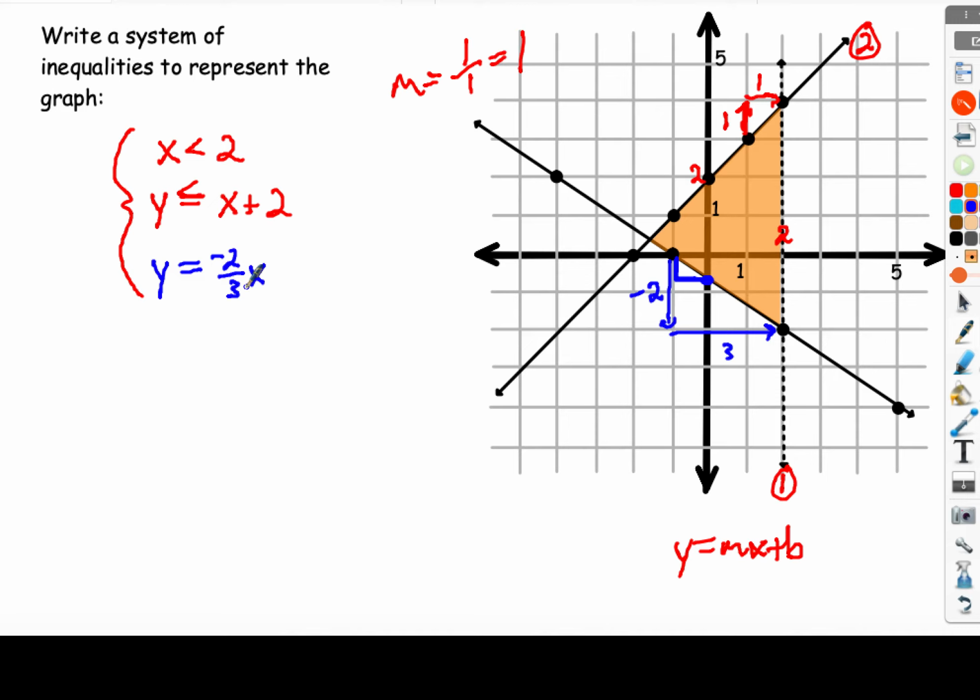Now, if you want to double check that, we can do the good old-fashioned way of taking a point that's on my line. So notice this point over here. This is the point (-4, 2). I could plug into y equals mx plus b: 2 for the y value equal to negative 2/3 times negative 4 plus b.